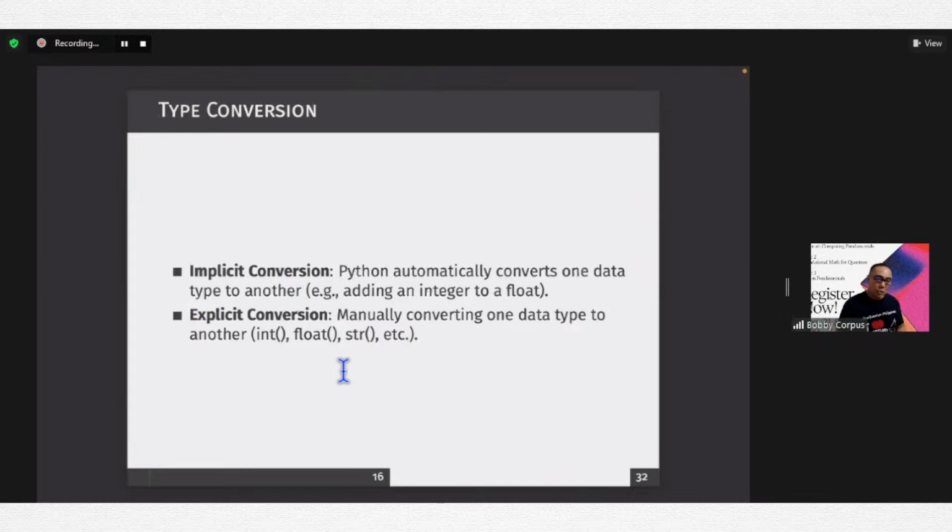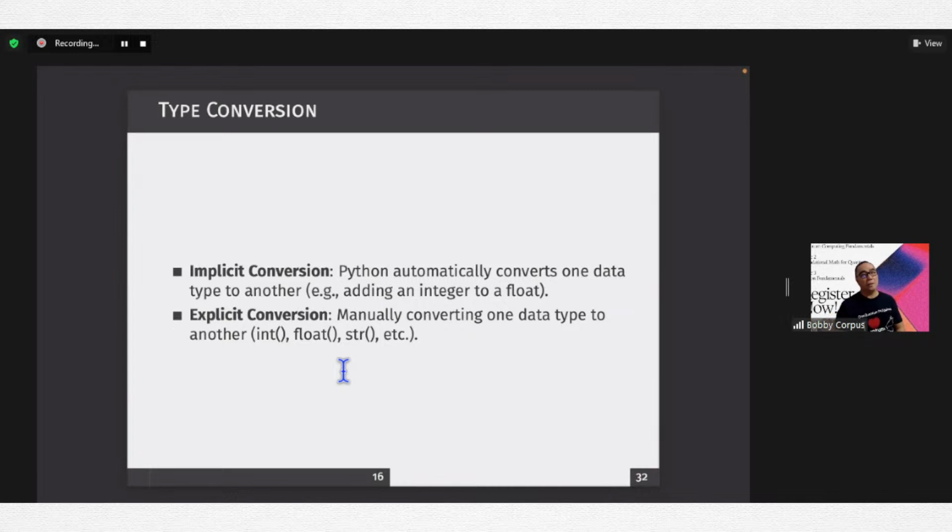Okay. So, siyempre, type conversion. So Python automatically converts one data type to another. So explicit conversion, you have to, for example, if you want to print the number is, okay, you have a string which has the number is, and then you add 3, no, for concatenation.